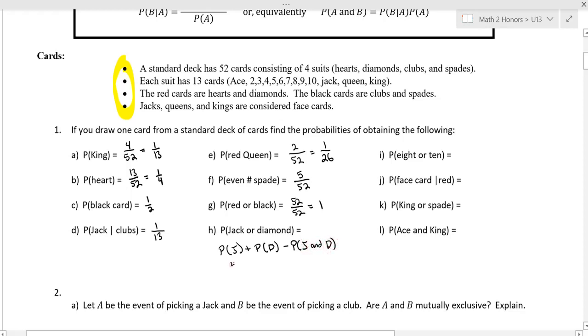So there are 4 jacks out of all 52 cards. There are 13 diamonds out of all 52 cards, minus how many jack of diamonds are there? Only 1 out of 52. And so, adding this up, we end up with 26 out of 52.